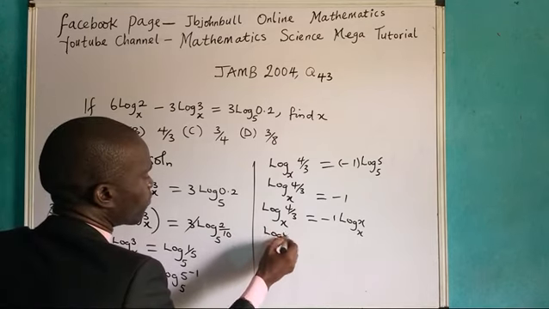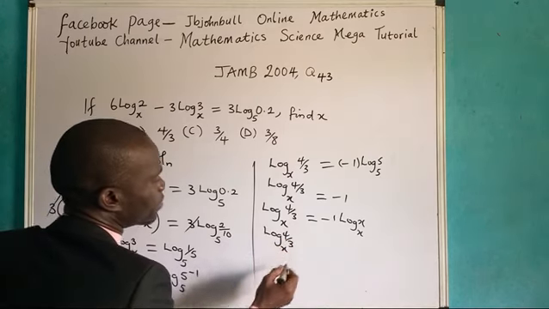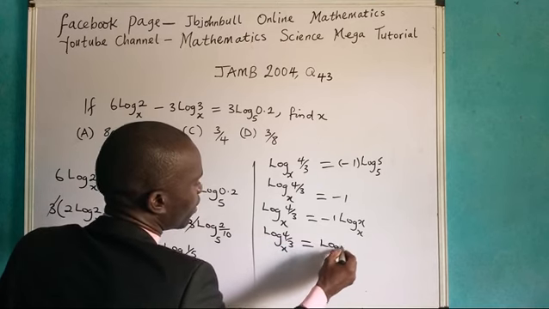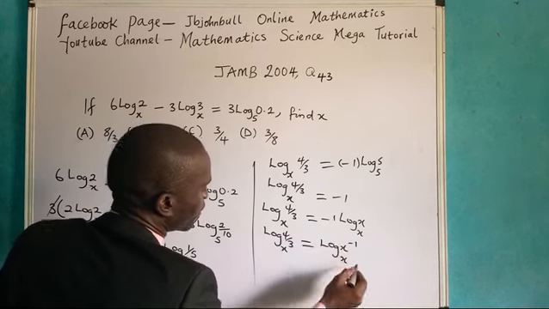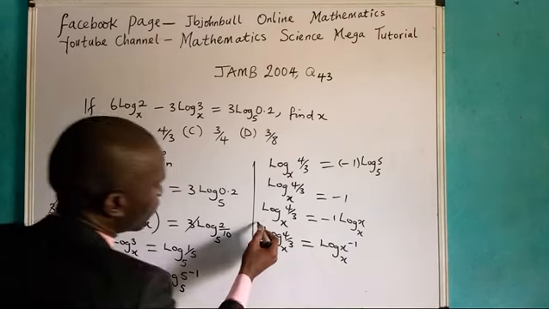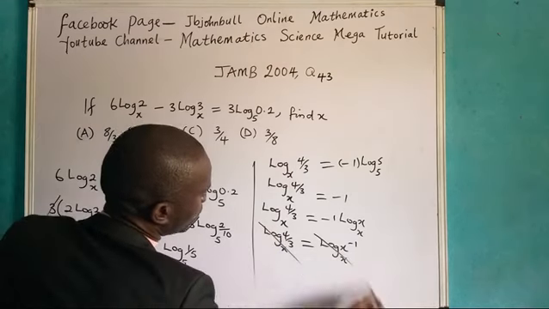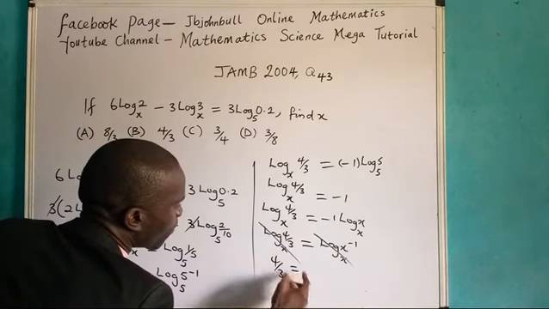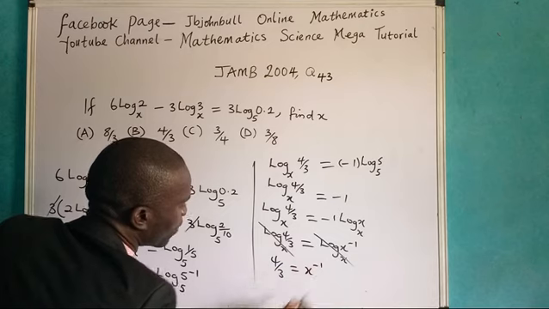Here we still have log 4 over 3 base s; for this one, we move it up and it becomes log s power minus 1 base s. We now have logarithms to the same base on both sides of the equation, so I can eliminate them. Here is now 4 over 3 equal to s power minus 1.